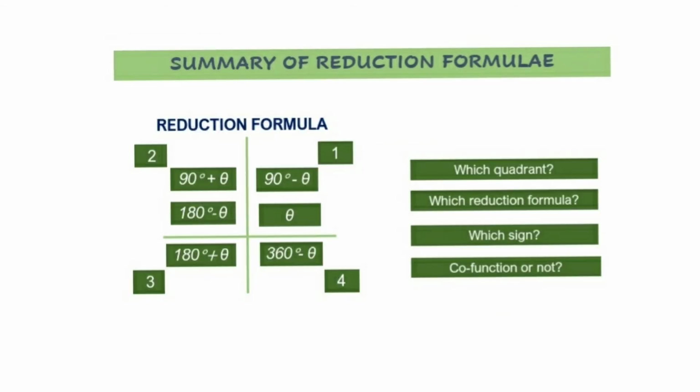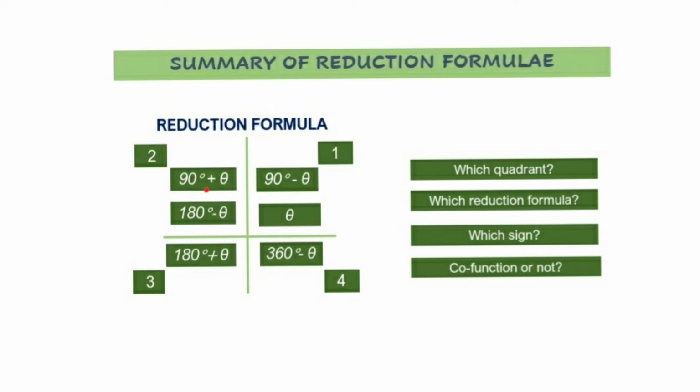If we add them to the previous reduction formulas, we have an extra one in the first quadrant, 90 minus theta, and in the second quadrant, 90 plus theta. So these two are our new reduction formulas.